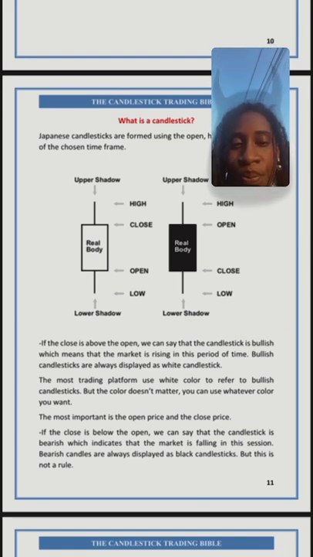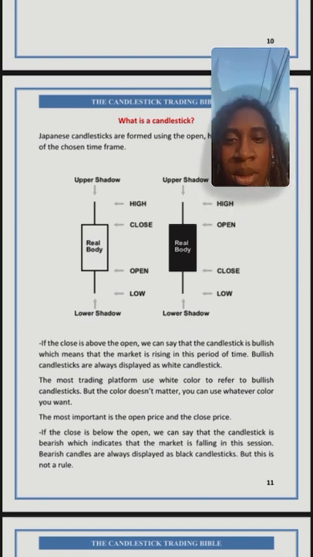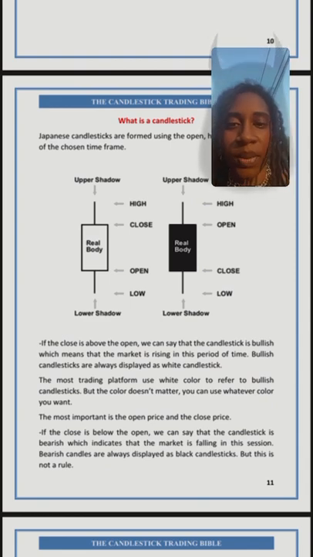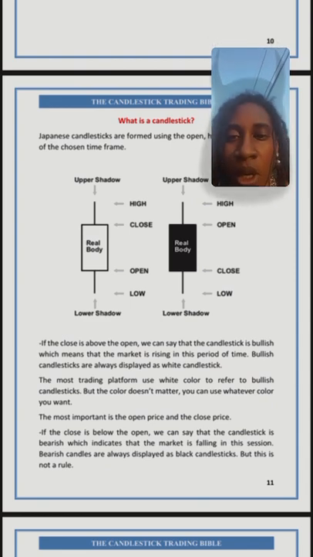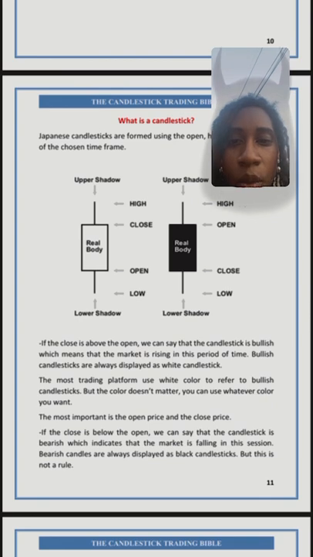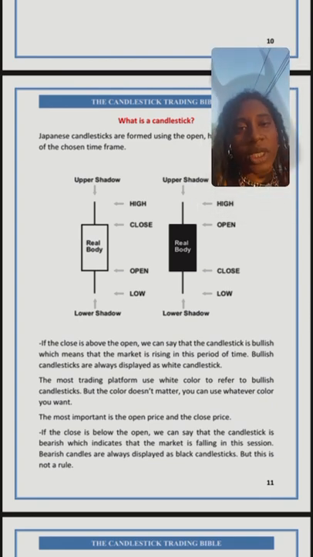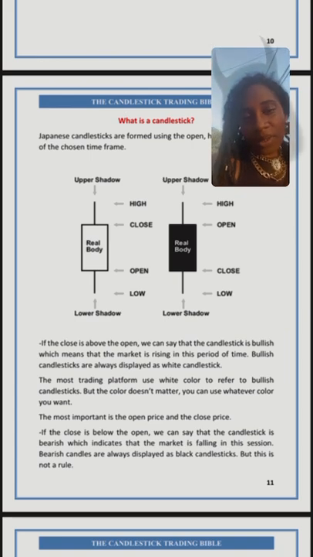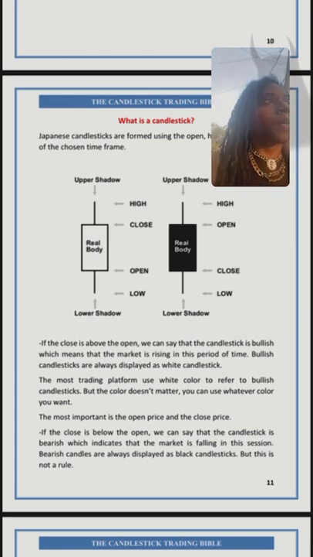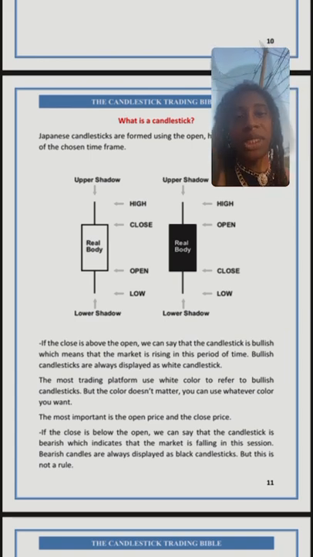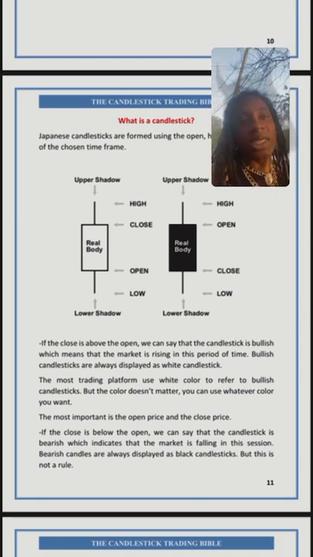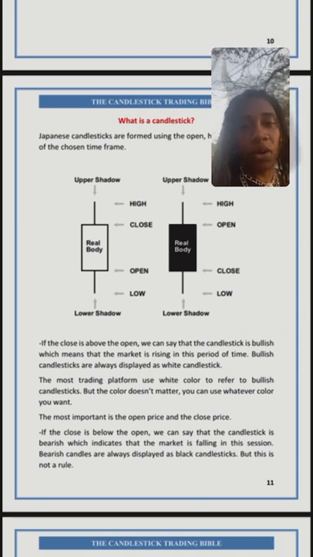Okay, so it says if the close is above the open, then we can say that it's bullish. So we got 2 types of markets, right? We got bullish. Bullish means that the market is going up, and bearish means that the market is going down or selling off, okay?